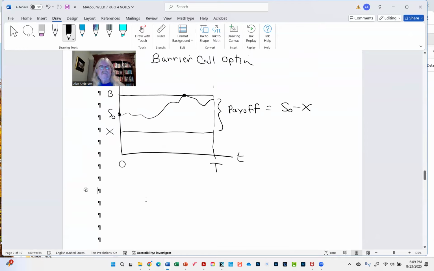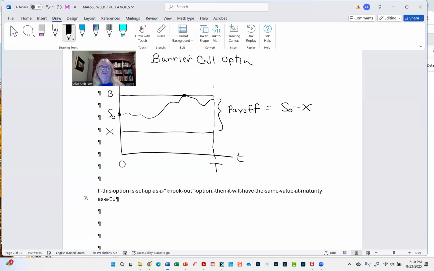If this option is set up as a knock-out option, then it will have the same value as a European call if the stock price never reaches the barrier.